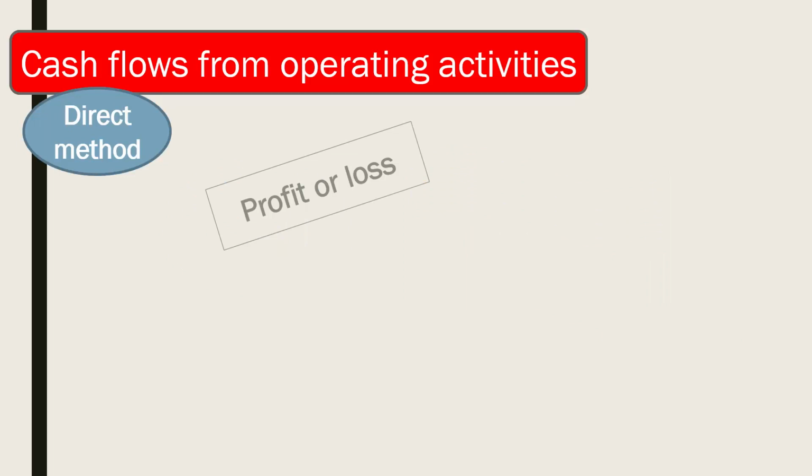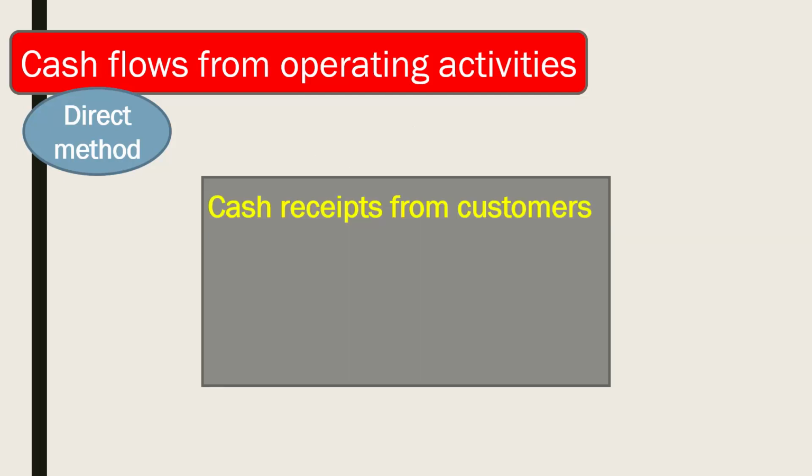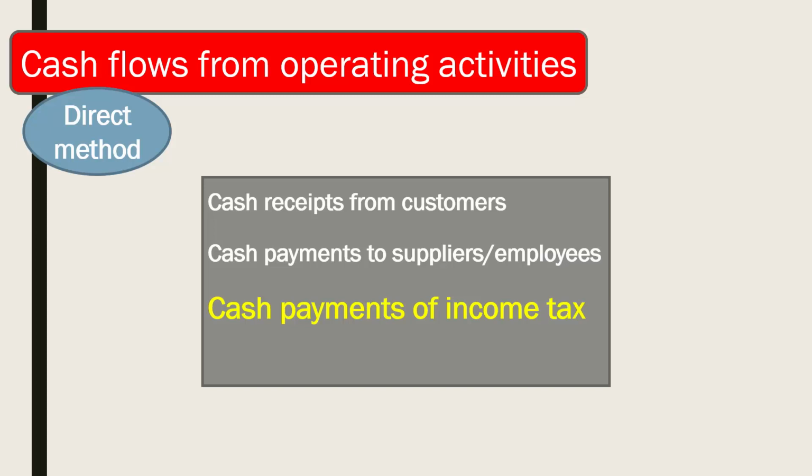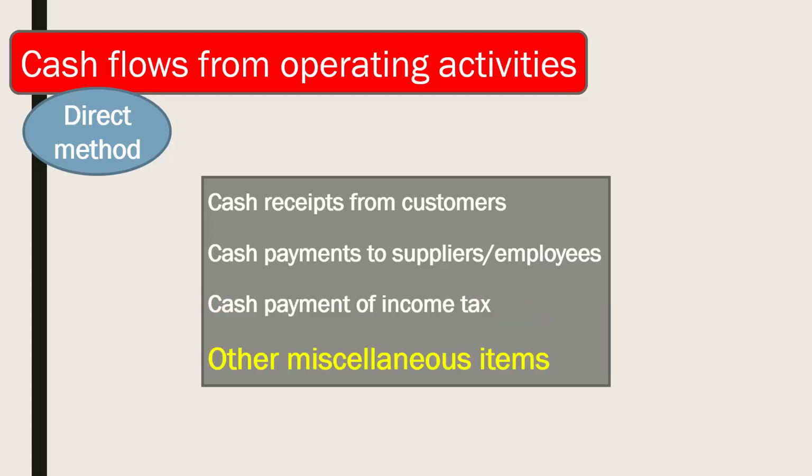For most firms, cash flows from operating activities relate to transactions that determine a firm's profit or loss, such as cash receipts from customers from the sale of goods or services, cash payments to suppliers for goods or services and to employees, cash payments of income tax, as well as potentially a few other miscellaneous items such as various forms of other revenue.